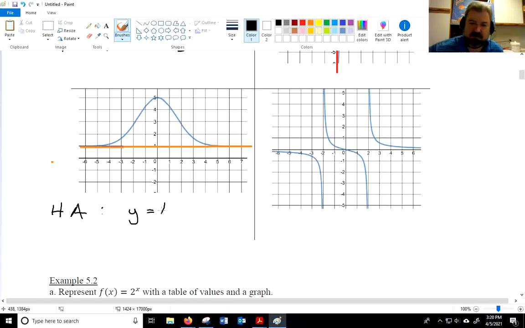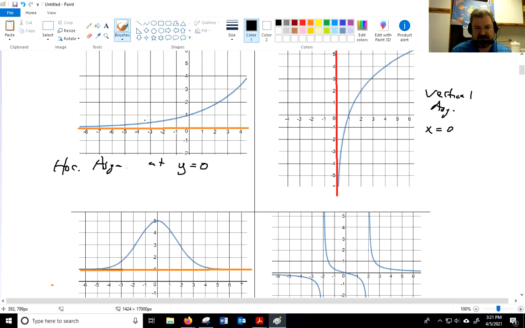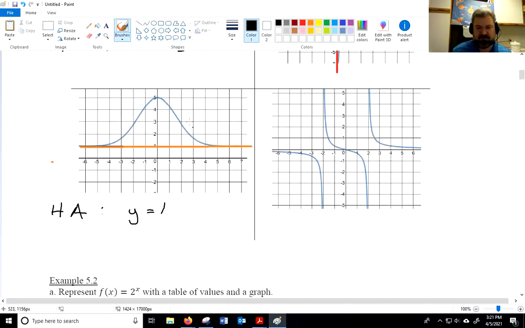So we can see that a horizontal asymptote can be approached to one side, like as I go to the left towards negative infinity, or to the right, or to both sides. But it has to be approaching it as I go to an infinite x value. So we wouldn't say there's a horizontal asymptote here at y equals 5, because the graph approaches it and then goes away. It's not getting closer as I go to the right or left.